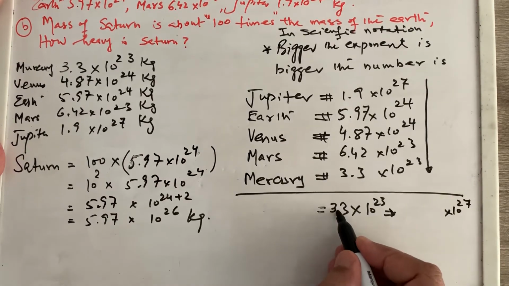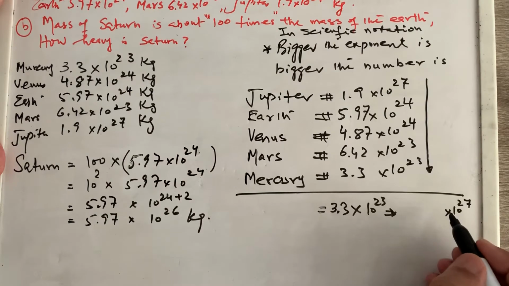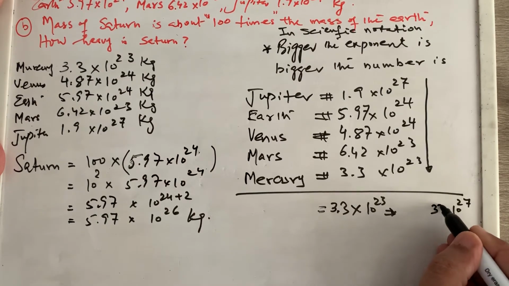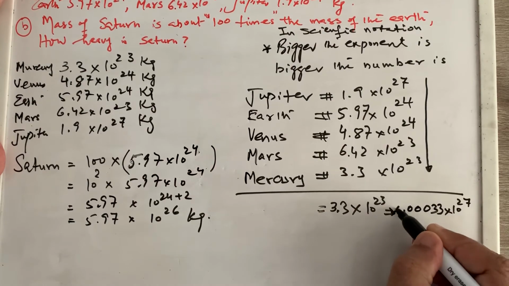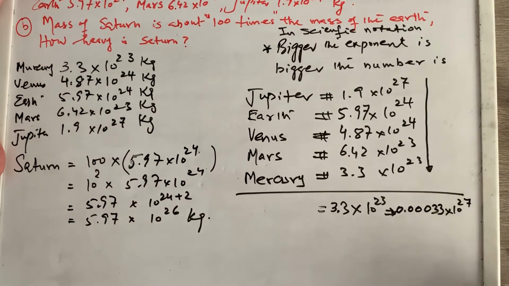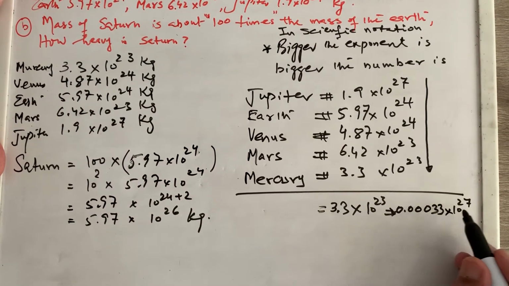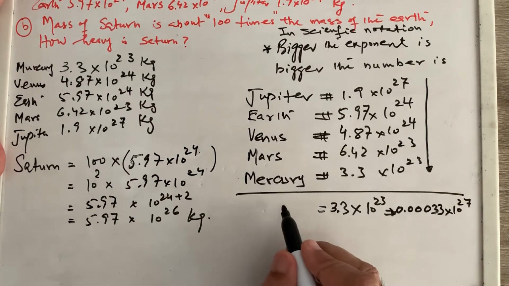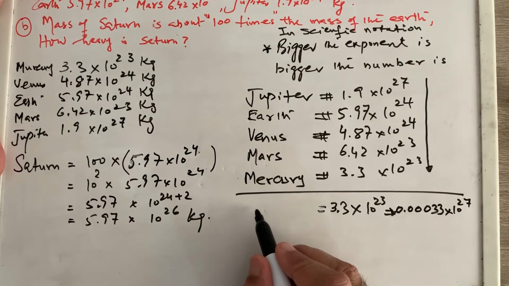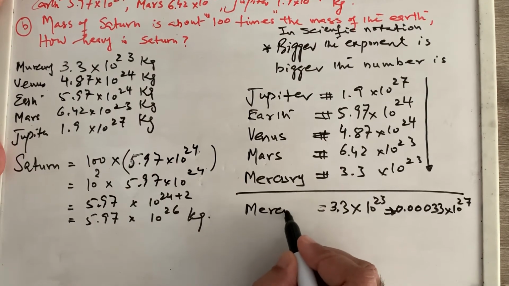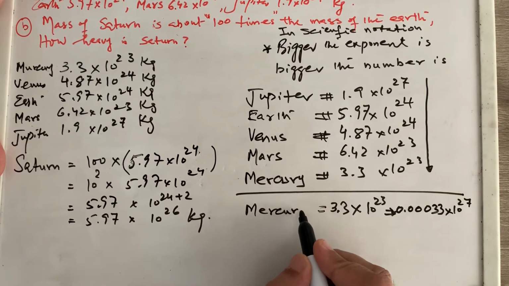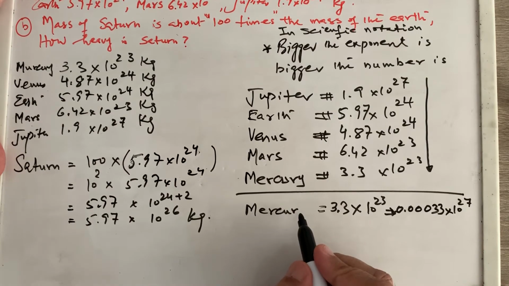I have to shift the decimal 4 places, 1, 2, 3, 4. So my number will be 0.00033 times 10 to the power 27. This is my Mercury.